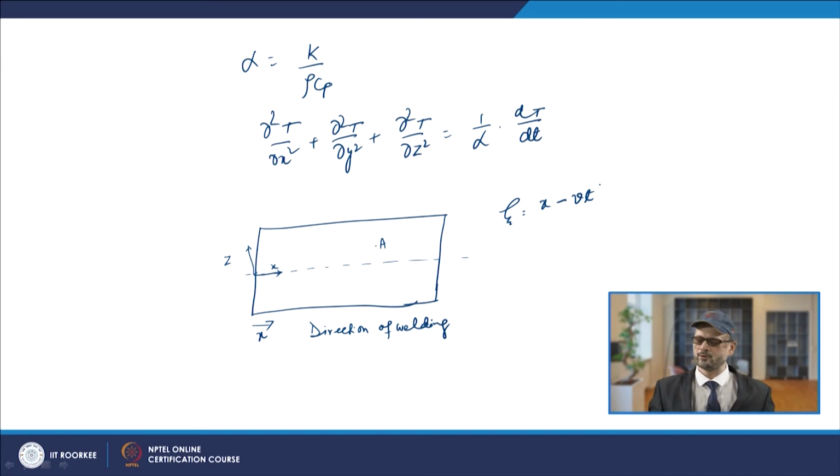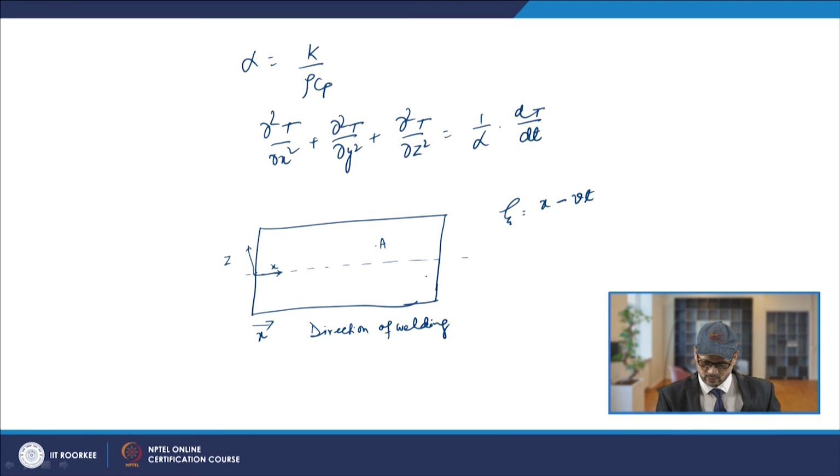At any time taken by welding, the y and z coordinates remain fixed, but the x coordinate, the distance of this point A, will be changing.